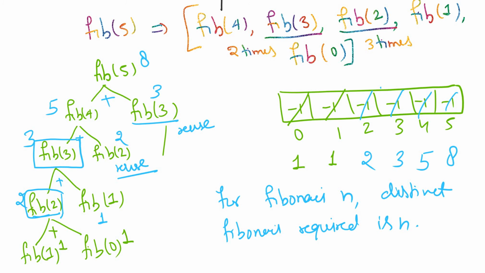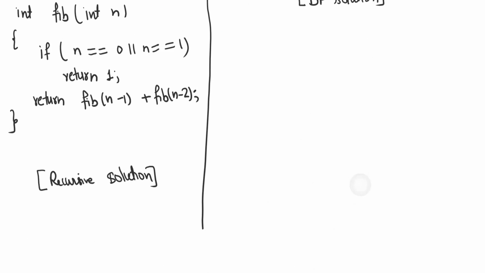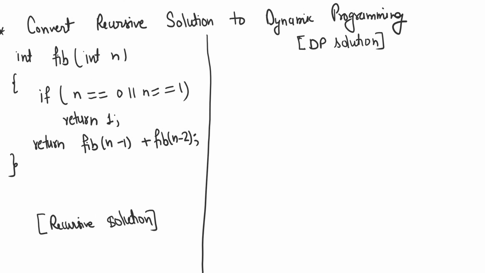So let us now convert our recursive solution into the dynamic programming solution. So this is the recursive solution. Now I'm converting it into the DP solution. So int, I am giving the name fibdp, taking n.